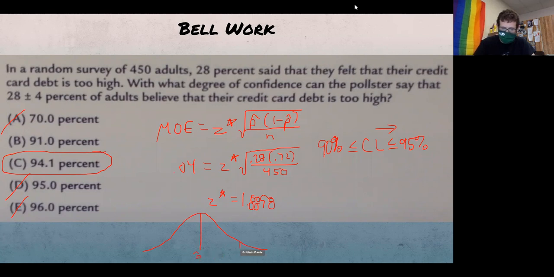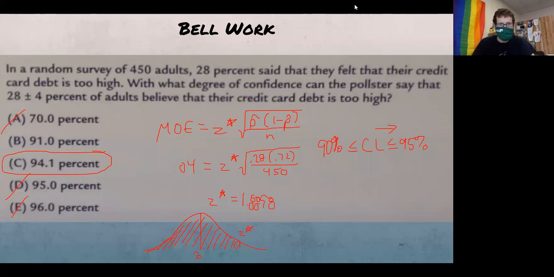So here's my critical value. Yeah, the answer is C. If you just take the area of everything below this, that's actually not correct. You're going to get closer to 97%. So you might be tempted to think that there's a 97% confidence level.